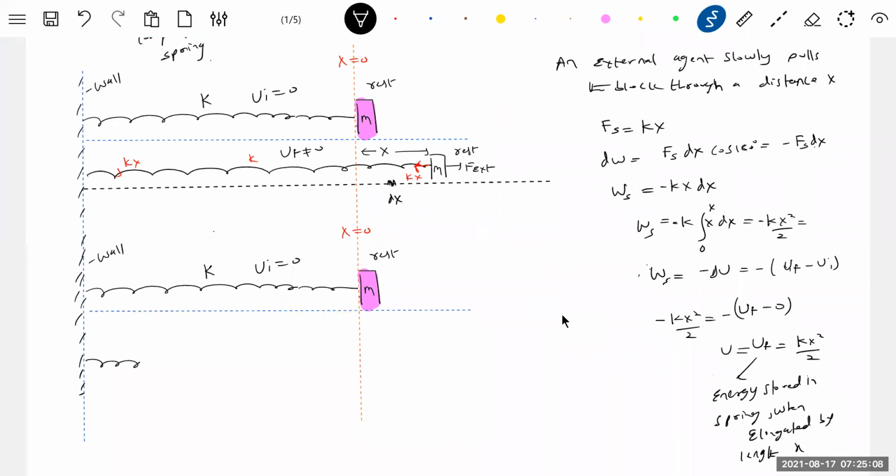It will compress the spring. Who will compress slowly? The external agent. The agent will apply force like this, and the spring force will be acting in this direction.